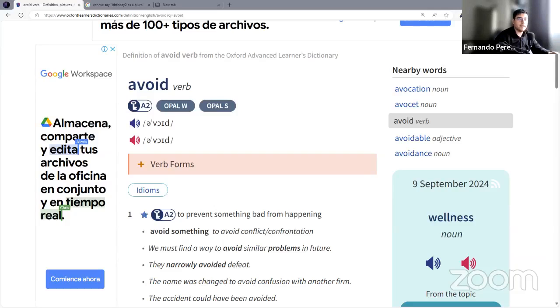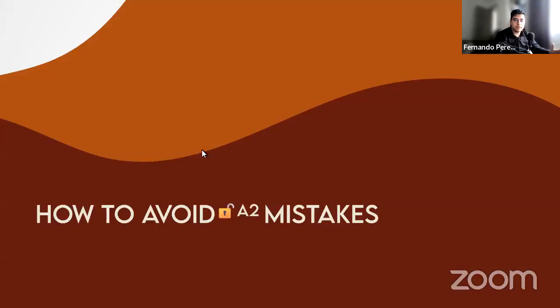So, understanding structures can help you with one of the most important tasks, avoiding mistakes. If you understand the correct application of structures, you are going to avoid mistakes while talking.